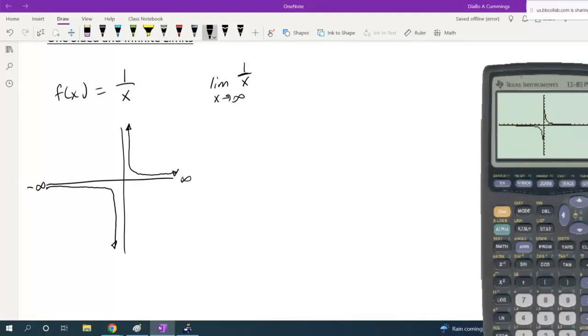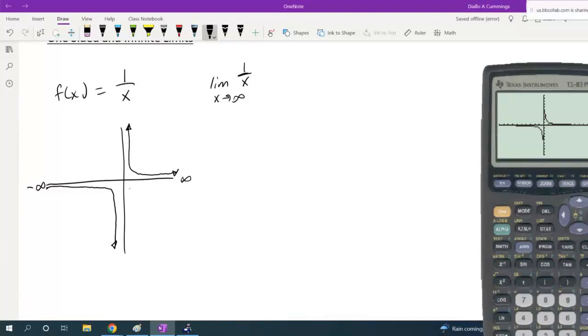Right? So as we take a look at this graph, as x approaches positive infinity, notice that it gets bigger and bigger, and it's going to approach the x-axis, but it'll never actually touch it. The equation for the x-axis is y is equal to 0.